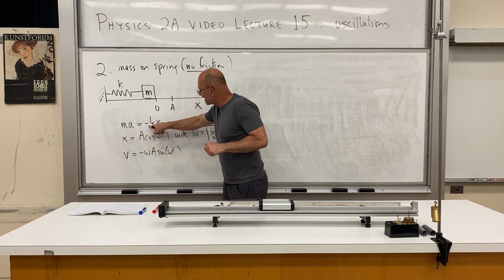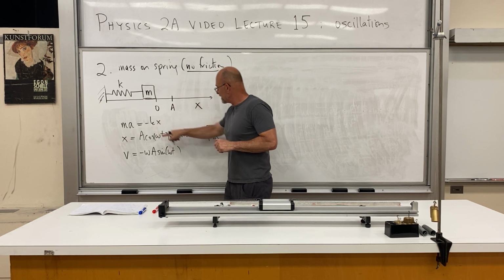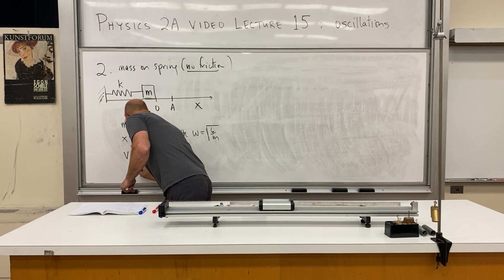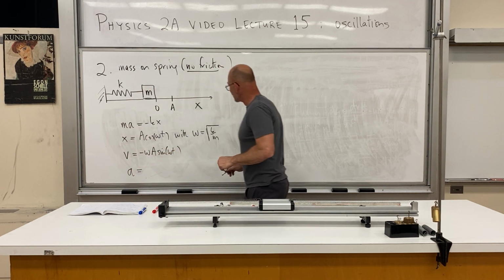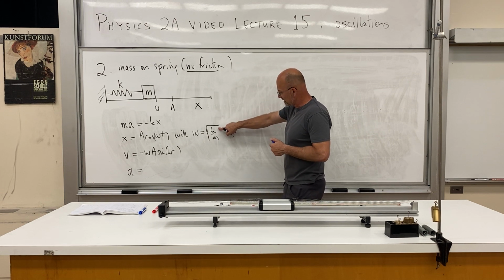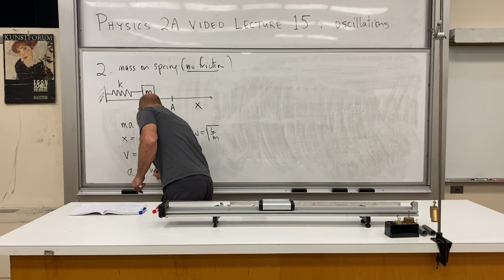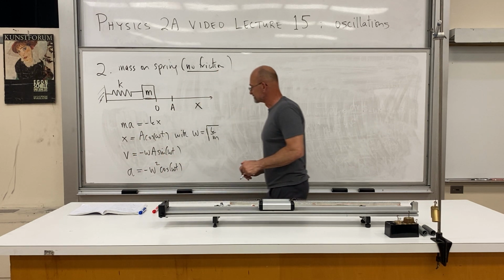Acceleration is equal to minus k over m times x. So a is equal to minus k over m, which is omega squared from here. So a is equal to minus omega squared cosine omega t.